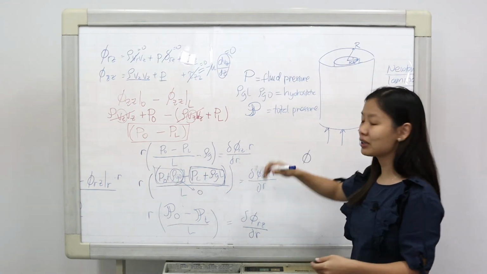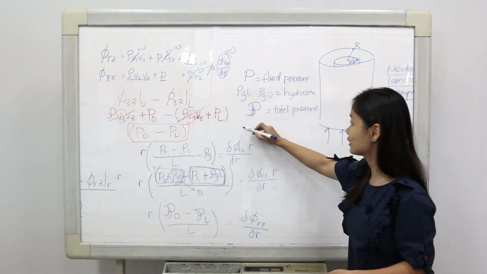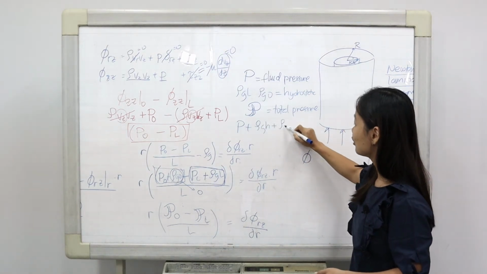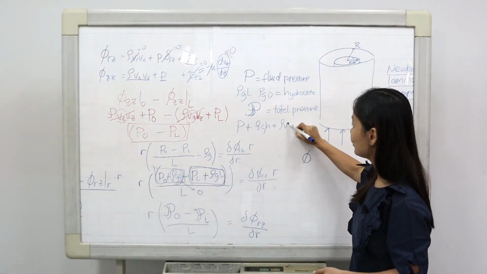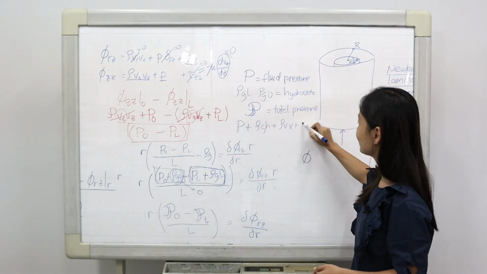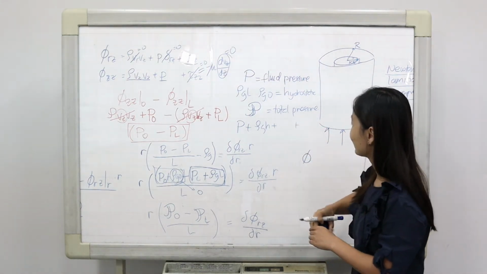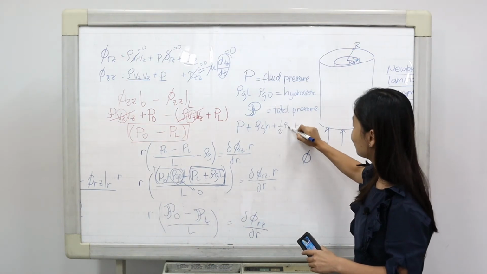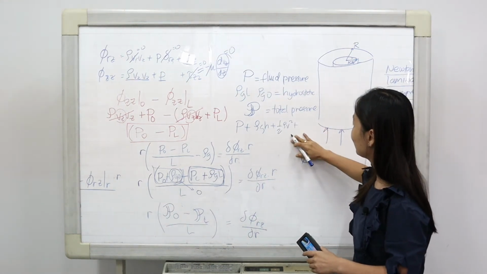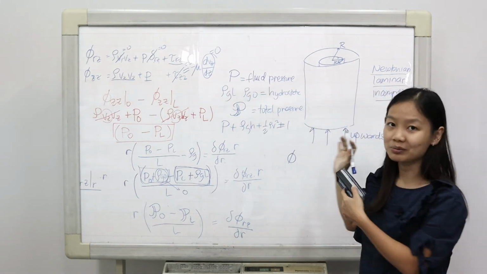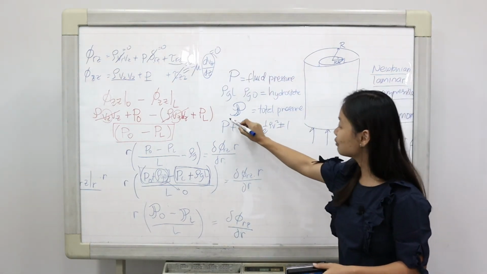You have the Bernoulli equation: P plus rho GH plus half rho V square equals something.